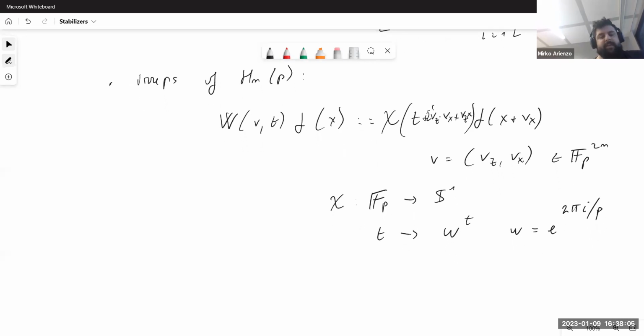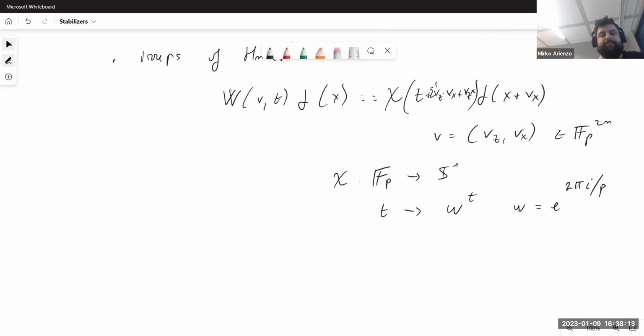Yeah, for the Heisenberg group, we have this. One can prove that these are the only irreps, and in particular, if you want to be precise, these irreps depend on the character we are fixing for the base field.